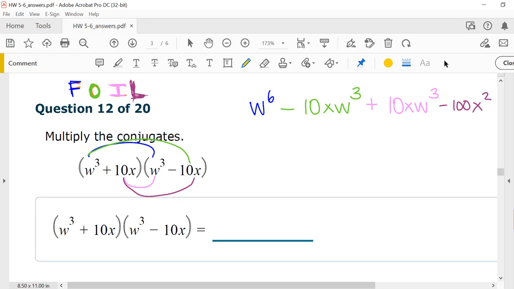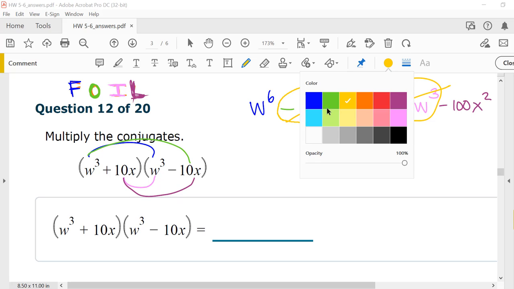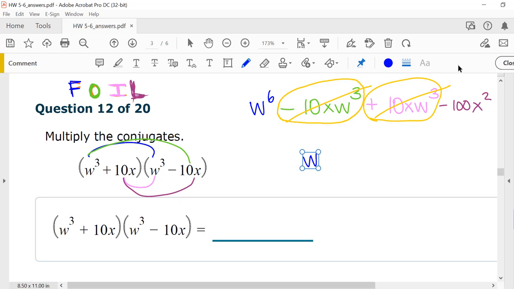For the like terms, I have negative 10x w cubed plus 10x w cubed. So those are like terms. Negative 10 plus 10 is 0. Those are gone. My answer is w to the 6th minus 100x squared.